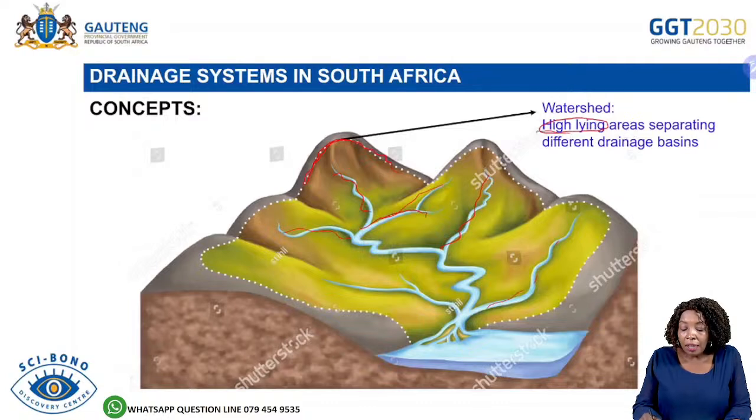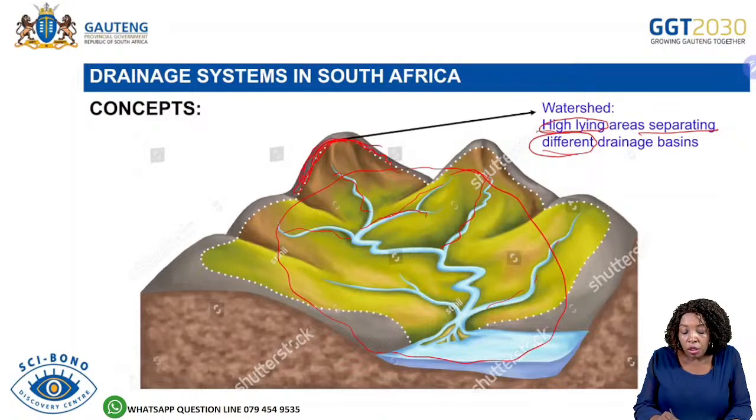So a high-lying area separating different drainage basins, meaning when we were to look on the other side of this hill, we would find also another river system like this one. So this drainage basin, it is on the other side of what?